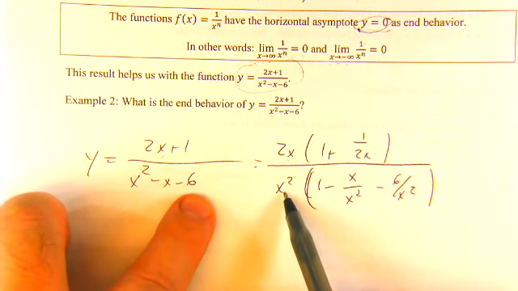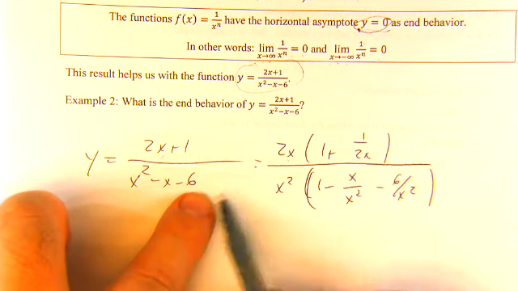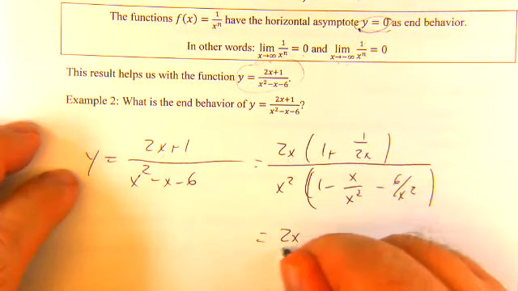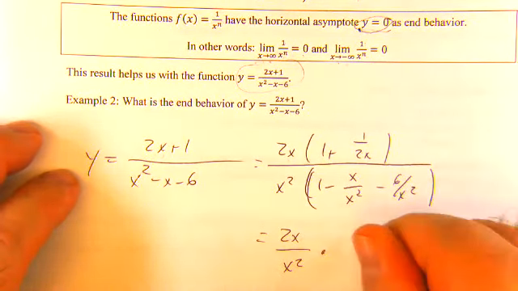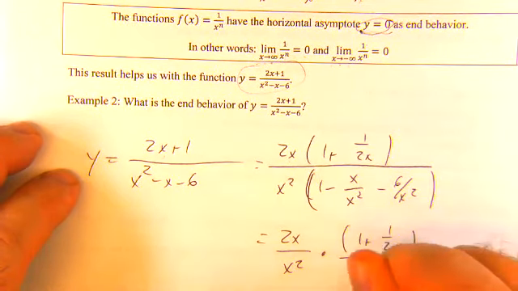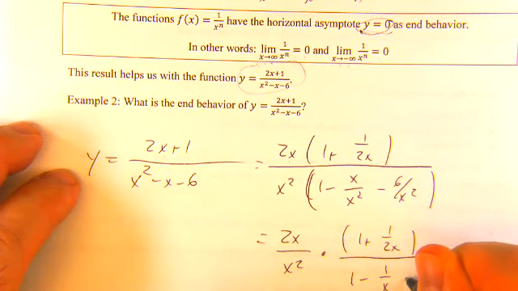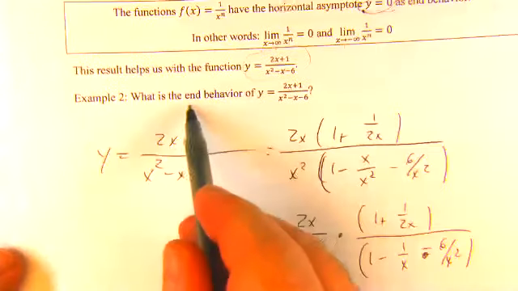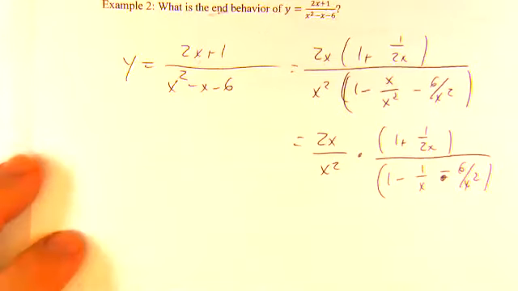And then if I distribute this x squared to this, I get minus 6. So I get this, right? And I'm not worried about the denominator being 0 because I'm actually interested in the end behavior if x is really, really big.